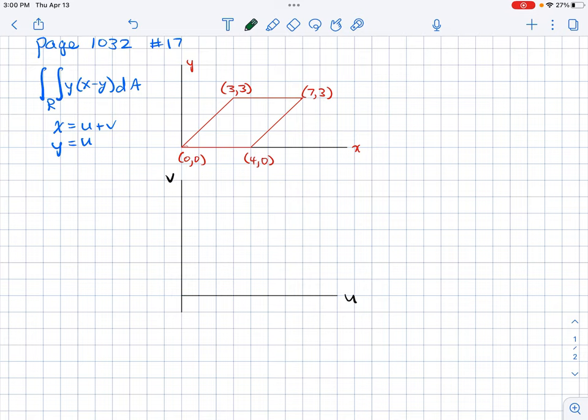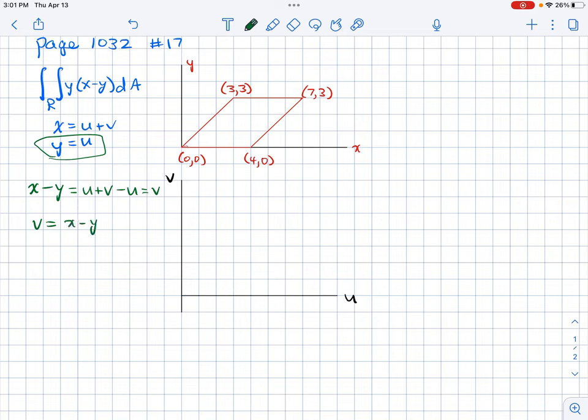So I need to get a formula for u equals this and v equals this. Now we already have u equals y. I need to figure out what v equals. Well, I could say x minus y, notice that's u plus v minus u, that equals v. So v is equal to x minus y.